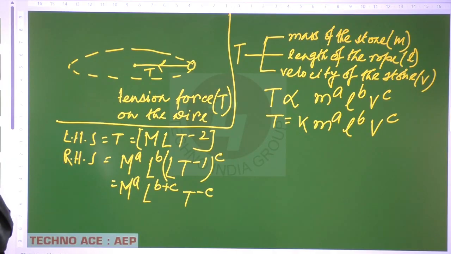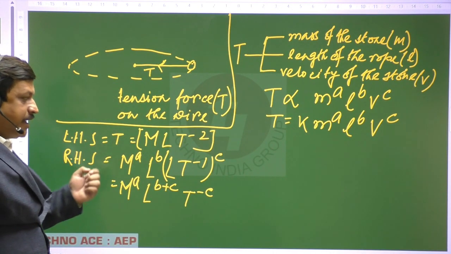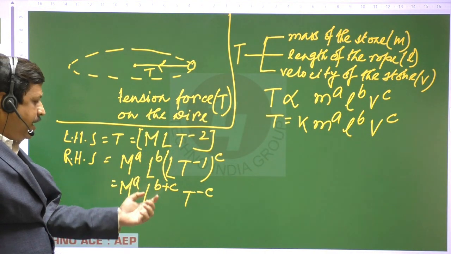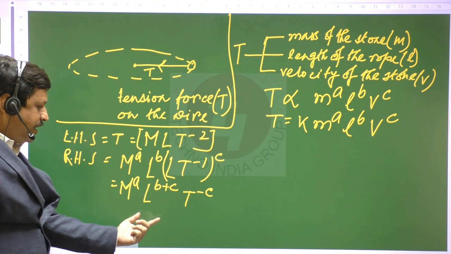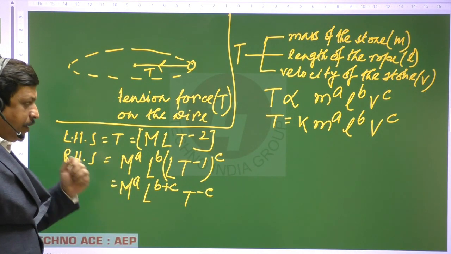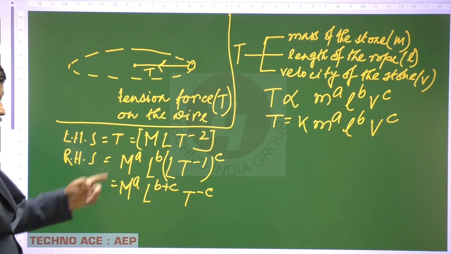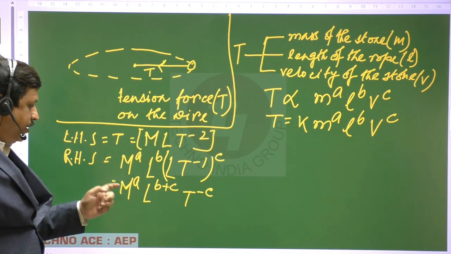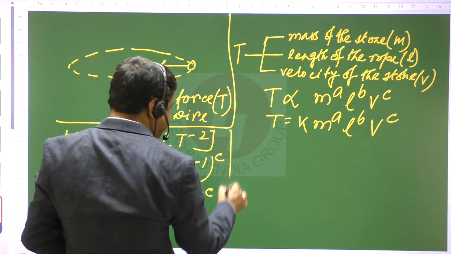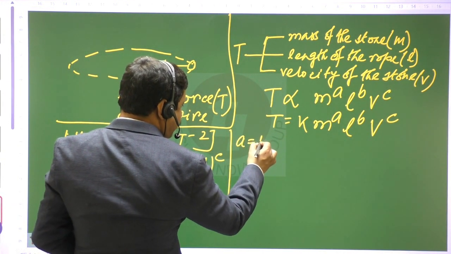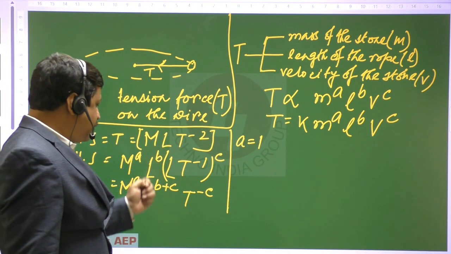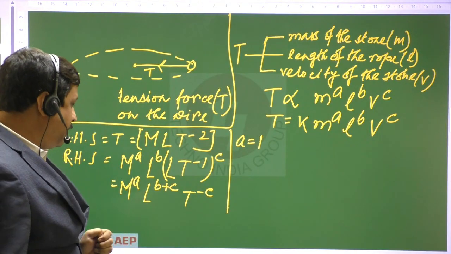See, in the left hand side the dimension is m L t to the power minus 2, right? In the right hand side, the dimension is m to the power a, L to the power b plus c, t to the power minus c. If you compare these two, here the power of m is 1, there the power of m is a. So you can write a equals 1, right? And the power of L is 1, there the power of L is b plus c.